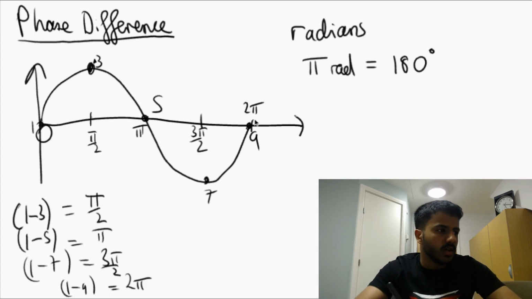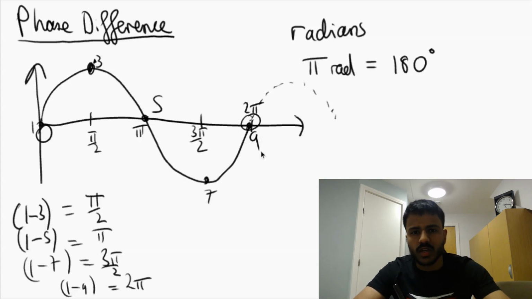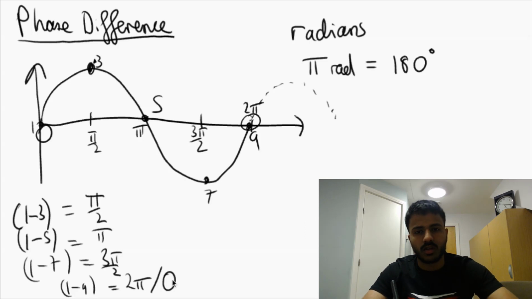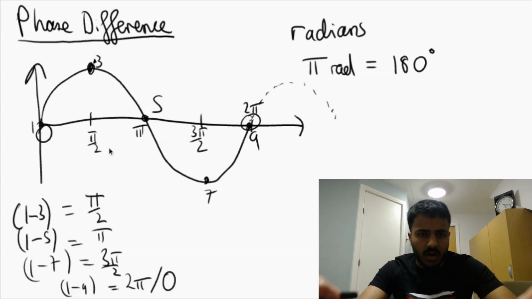Notice, however, because this wave is just a continuous wave, so it will continue going, this 2 pi point is also equal to the 0 point. So this could also have a phase difference of 0. Having a phase difference of 2 pi and 0 is the same thing. Now when the phase difference between waves is either pi radians or 2 pi radians, we can give them a special term.